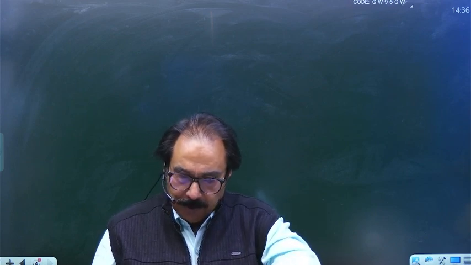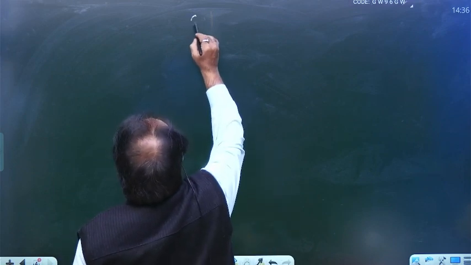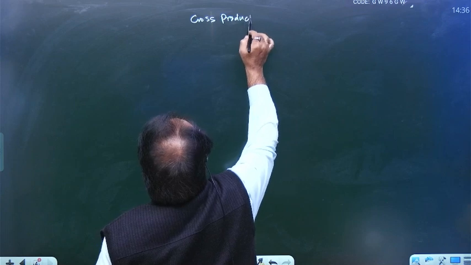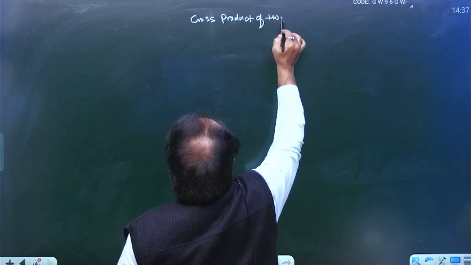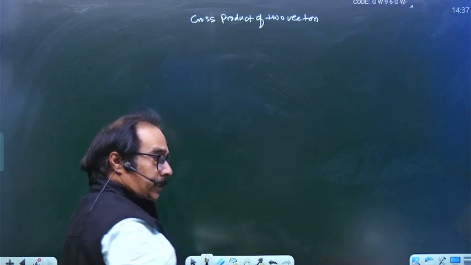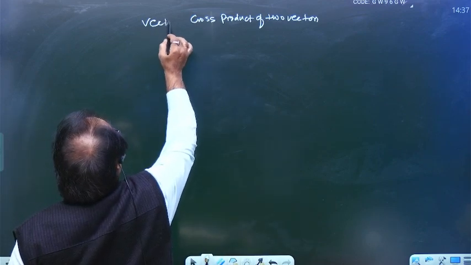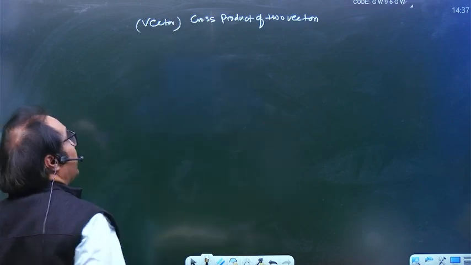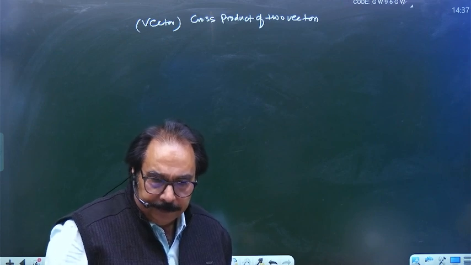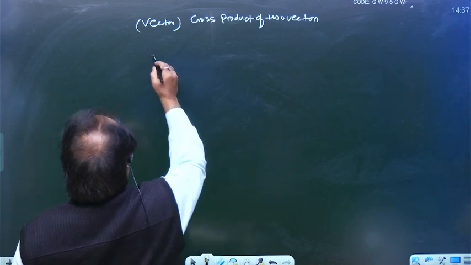Okay, cross product of two vectors. So this is cross product, or we can call it vector product.